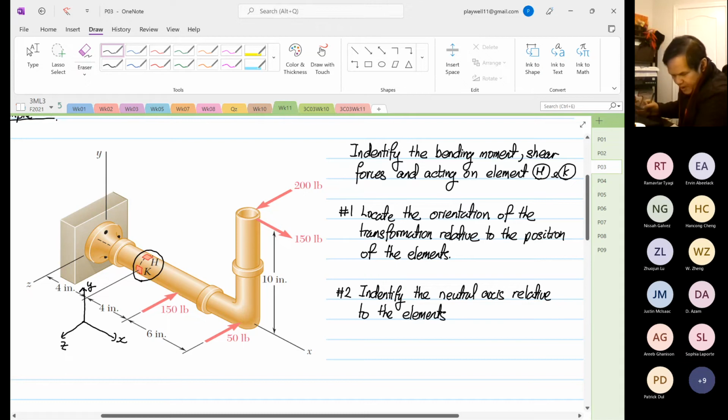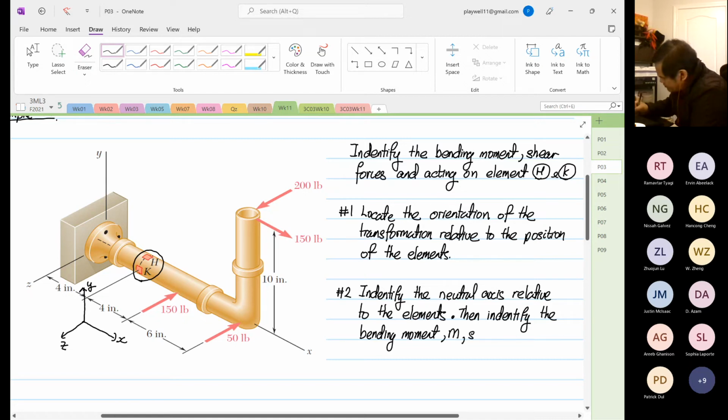Then identify the moments, the bending moment, which is M. You identify the shear force, which is your V, and your torque, which is your T.